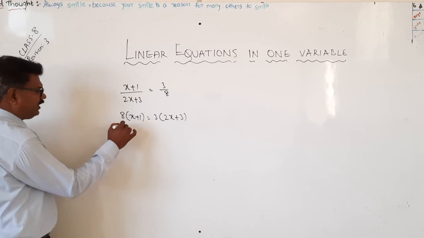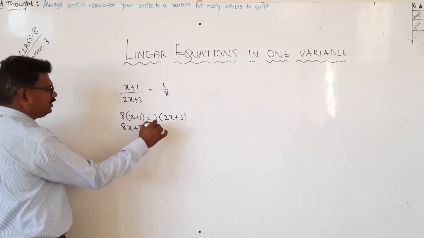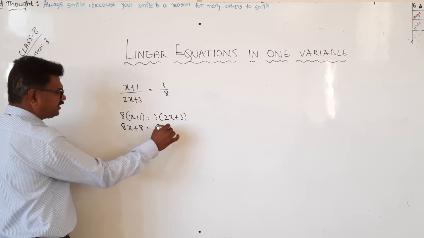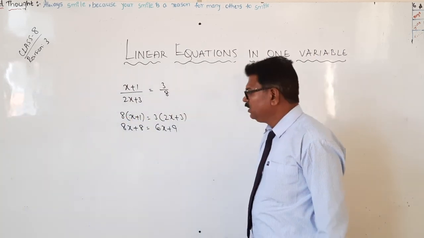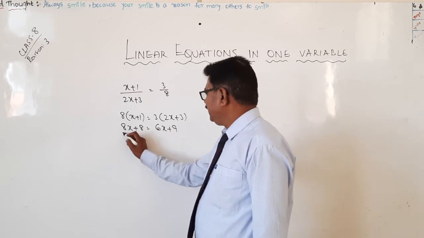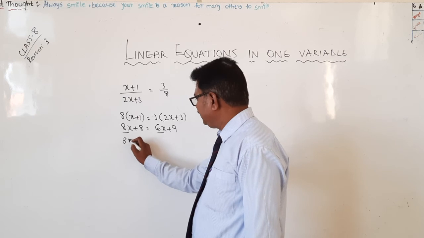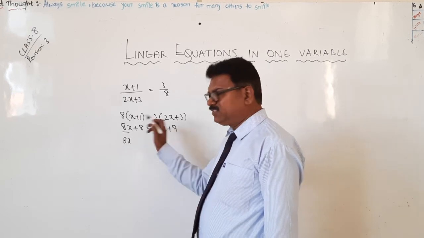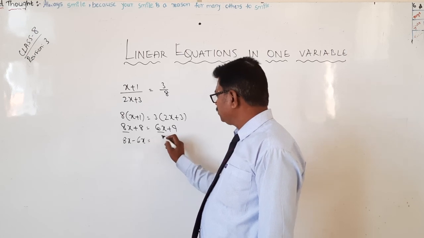Now, 8 into x is 8x, plus 8, is equal to 3 twos are 6x, plus 3 threes are 9. 8x is greater, 6x is smaller, so 8x as it is, and 6x, if it comes here, becomes minus 6x, equal to 9.